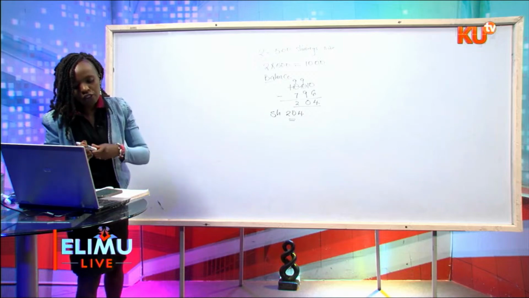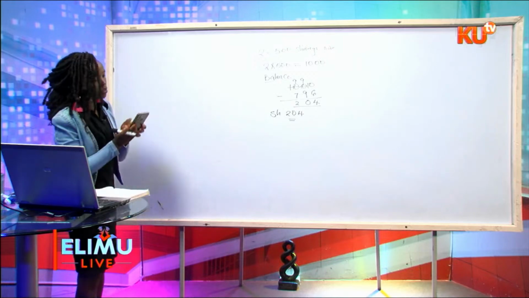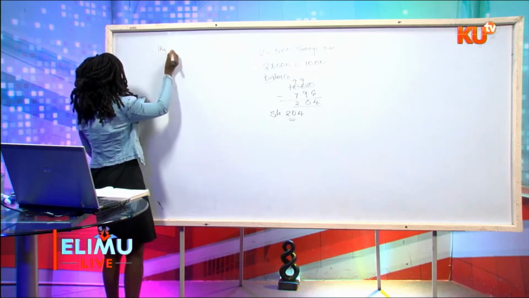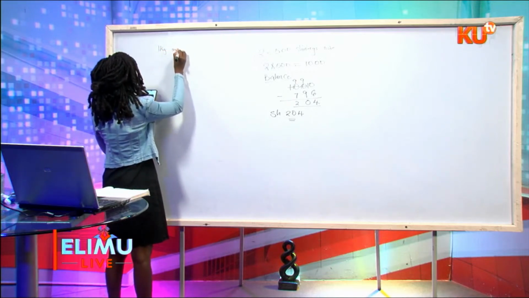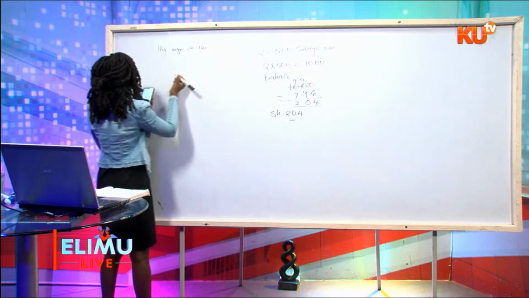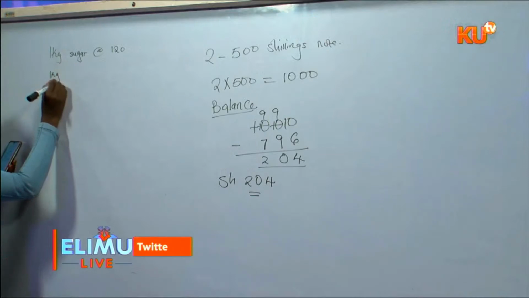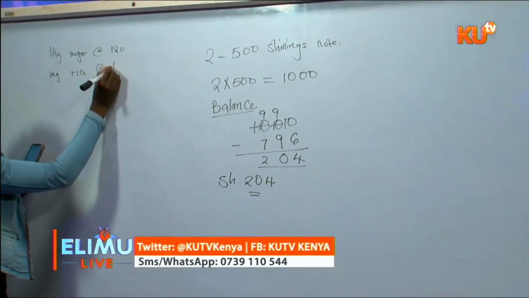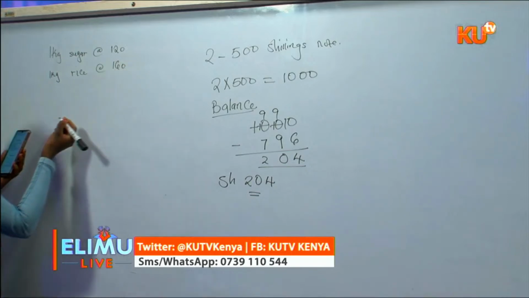So 1 kg of sugar at 120 shillings. Then 1 kg of rice at 160 shillings.